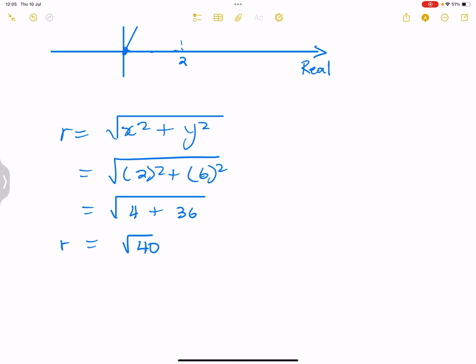Now, if you think of 40, that would be 4 multiplied by 10, just to simplify it. So that's 4 times 10, and the square root of 4 is 2. So this would be 2 root 10. Okay, right. So that's what it would look like.